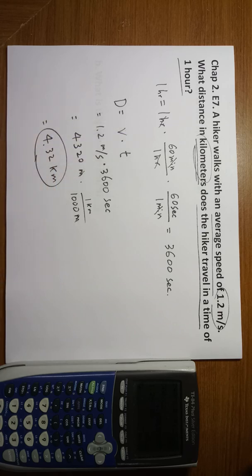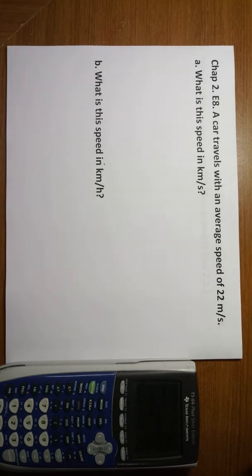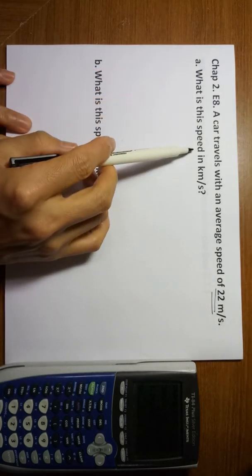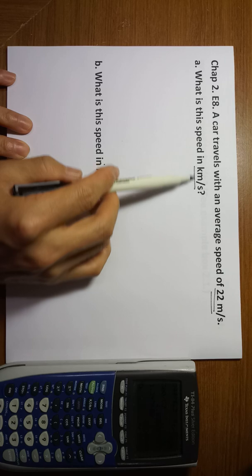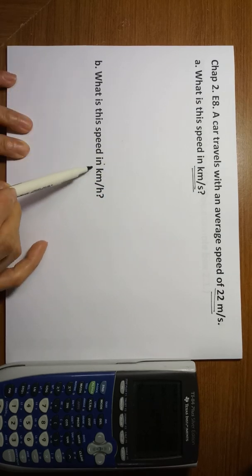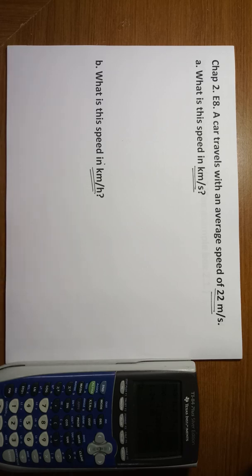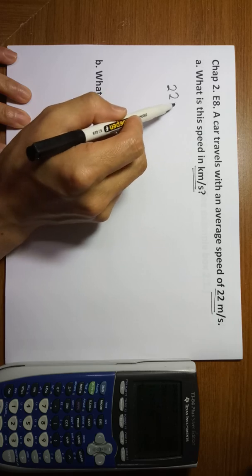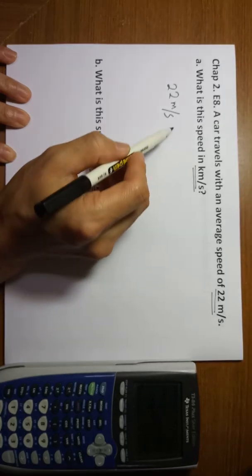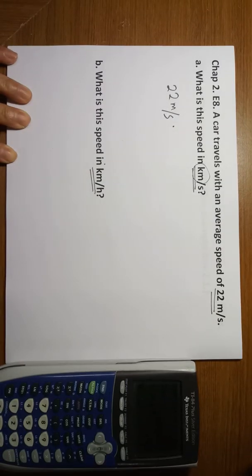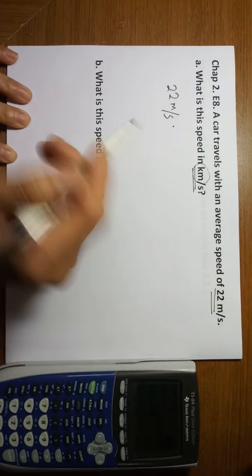Okay, next one is E8. A car travels with an average speed of 22 meters per second. What is this speed in kilometers per second, and what is the speed in kilometers per hour? Okay, it's a unit conversion. 22 meters per second. You need to change it to kilometers per second first, right?